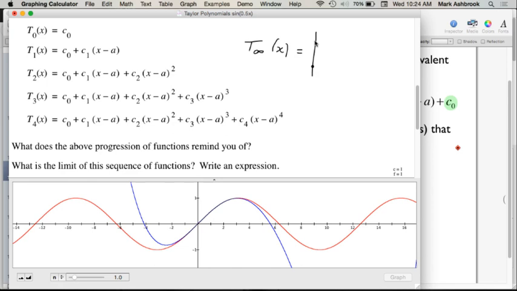Can you write something that would be the limit of that sequence? If you just kept going and going, T5, T6, T7, T8, all the way, just kept taking the next one and the next one and the next one, what would the limit of that sequence be? See if we can apply what we've learned.